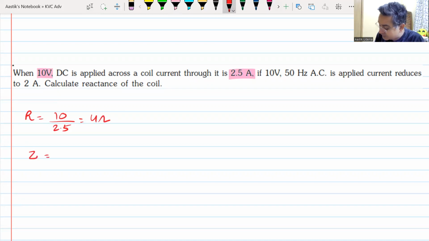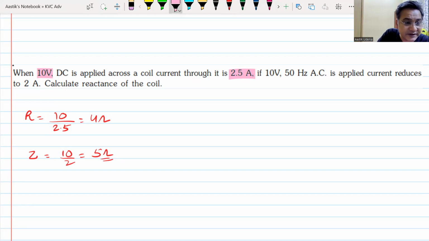You can find out the value of Z. The value of Z would be 10 divided by 2, 5 ohms. As soon as you get 5 ohms and 4 ohms, you know the reactance of the circuit is how much? 3 ohms. Pythagorean triplet, my dear friend.